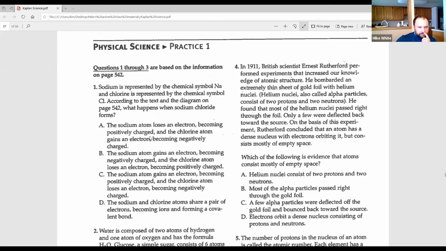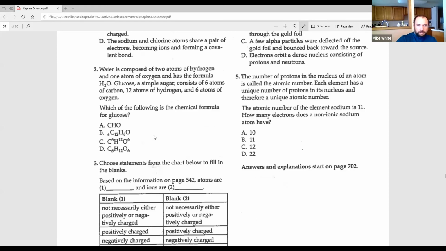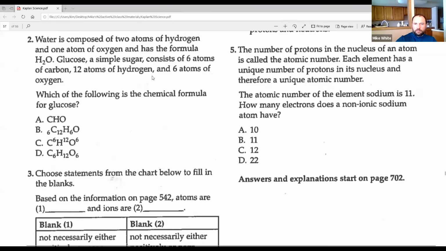I'm a little bit distracted today. I've got my lovely children distracting me. But anyway, let's skip number one and just go through this one because we don't have to have any other materials in front of us to do this.